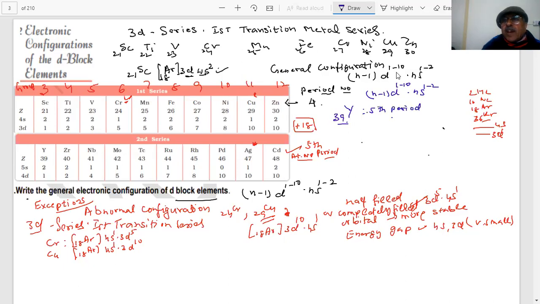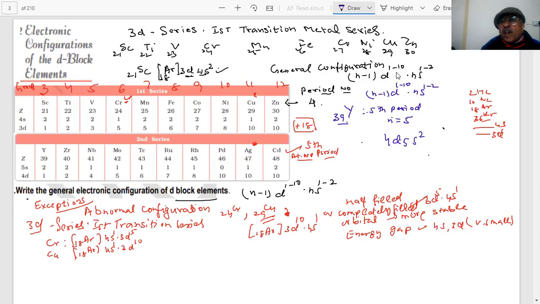So what is the value of n? n must be 5. n is the period number. So 5s2, then n minus 1. What is n minus 1? 5 minus 1 is 4d.